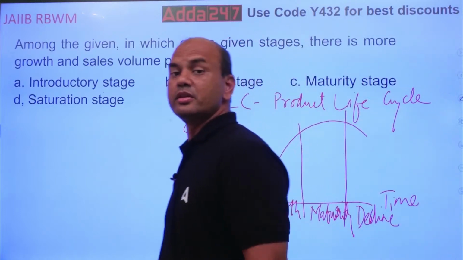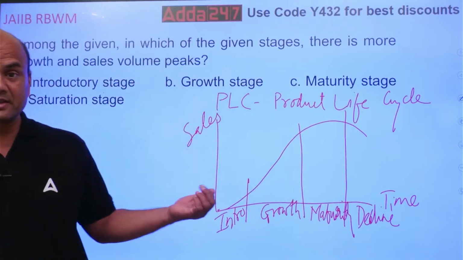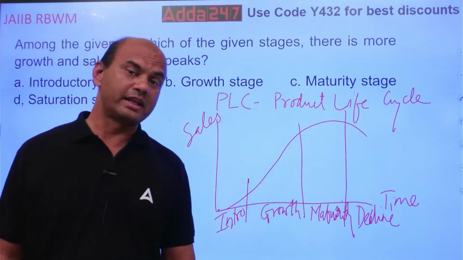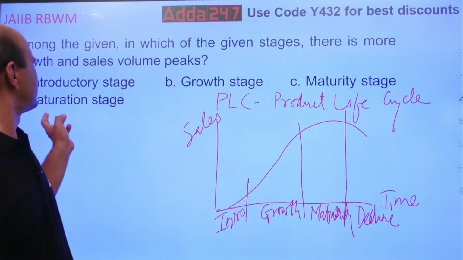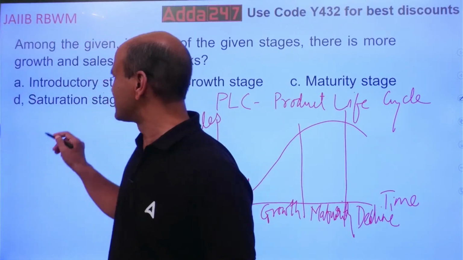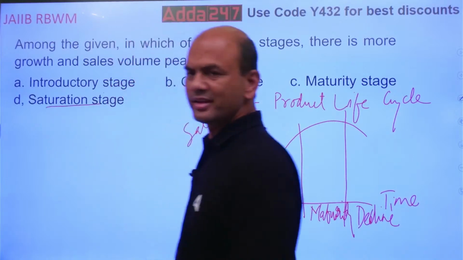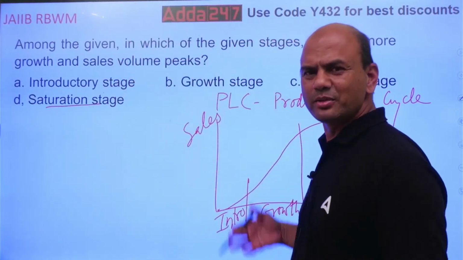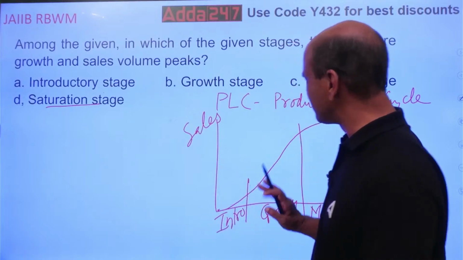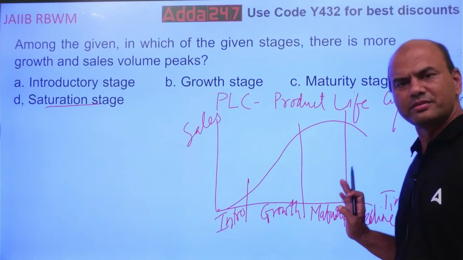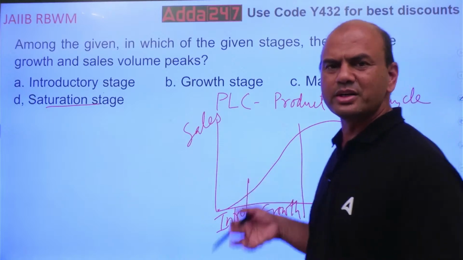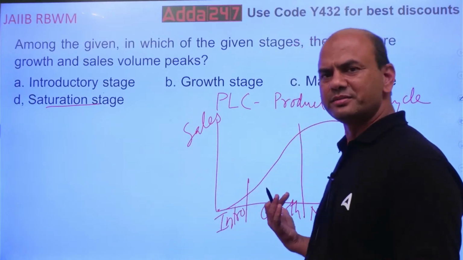So now you tell me, these are the stages. Can anyone tell me the answer by just looking at it? But what is this saturation phase? There is no phase called saturation in your PLC. These are the phases: intro, growth, maturity and decline. Simple. There is a lot of history and a lot of science to it.